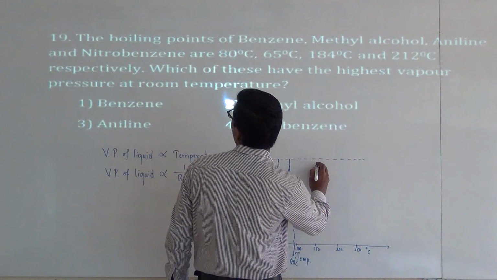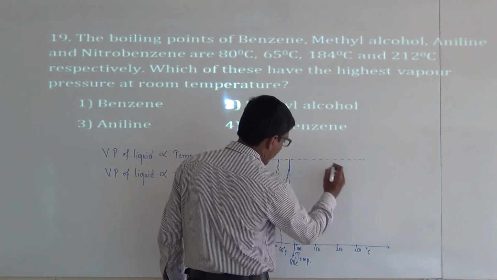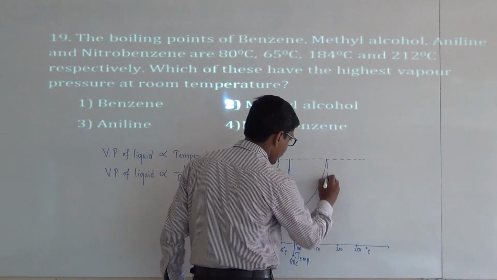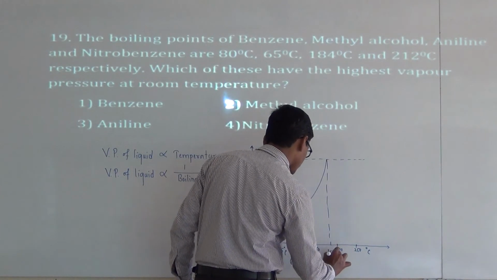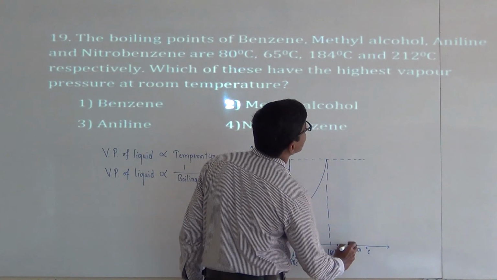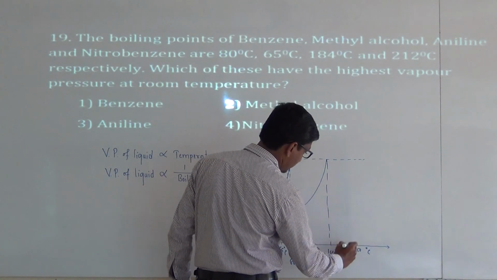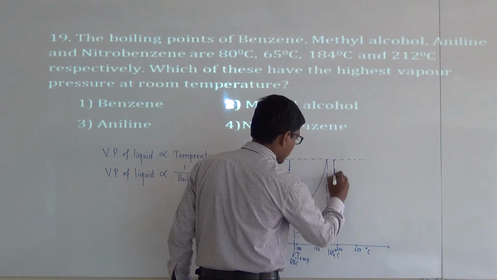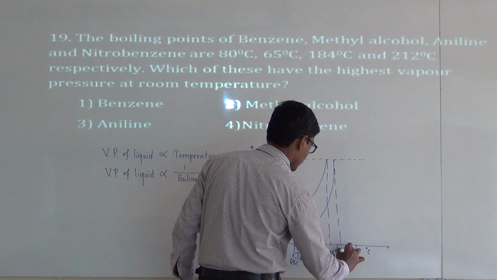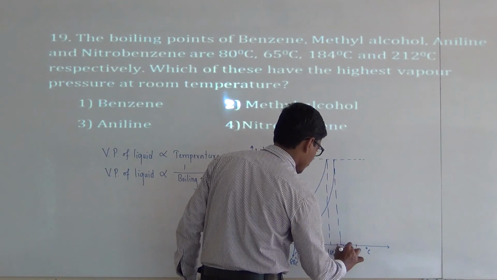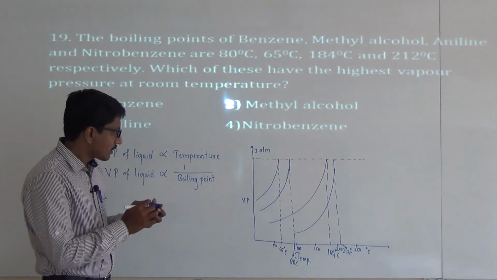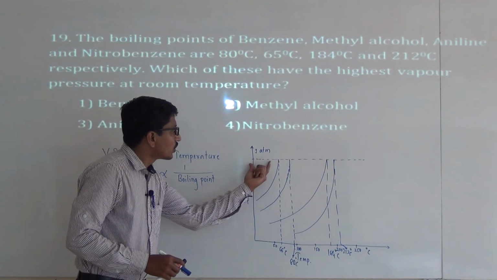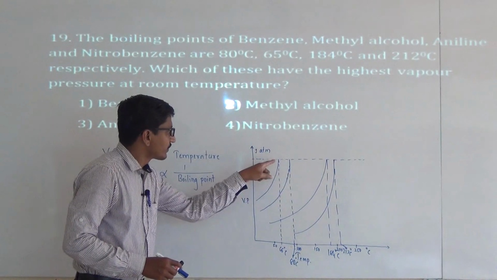The boiling point of aniline is 180 degrees Celsius, and that of nitrobenzene is 212. At the boiling point, the vapor pressure of the liquid becomes equal to atmospheric pressure.